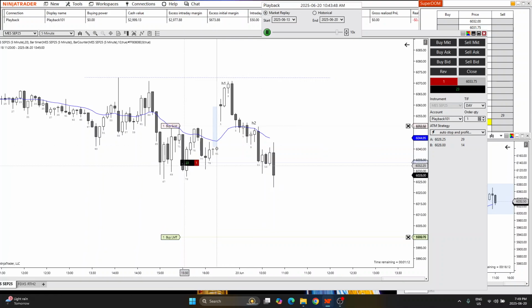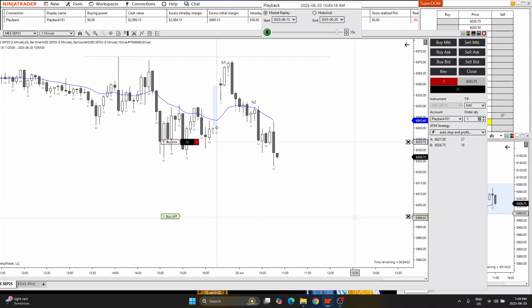Whenever I get 30 points profit, I move my stop loss to break even. The profit target looks very far away.